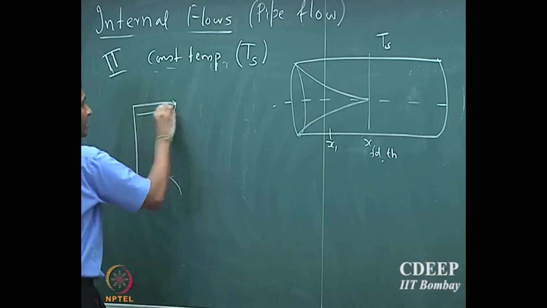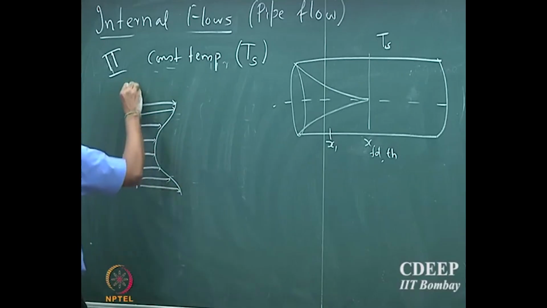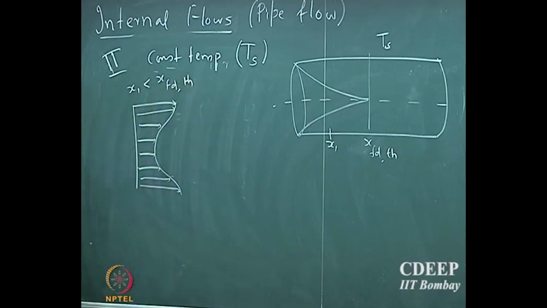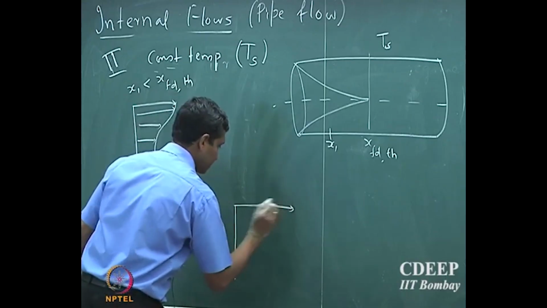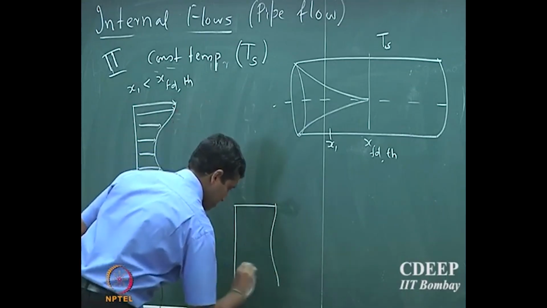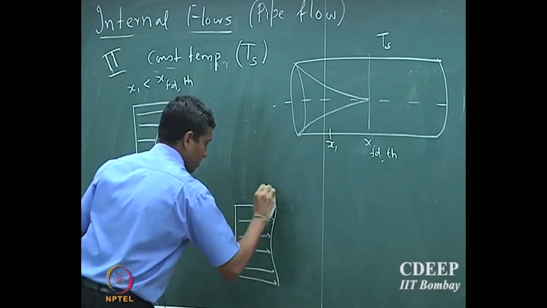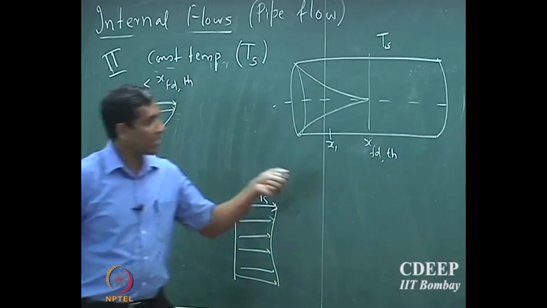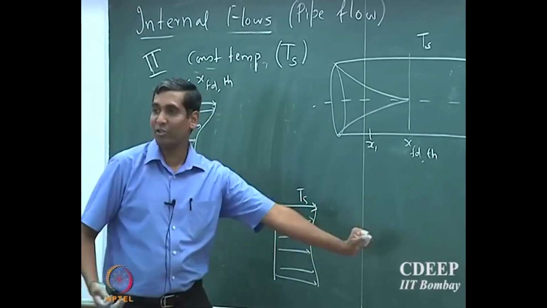So that is a constant temperature. This is at position x1, which is less than the fully developed regime, and if I look at the profile at the fully developed regime, once again that is the temperature of the surface, and as you go past into the pipe, there will be continuous transport of heat from the wall to the fluid, and so there will be a change in the temperature profile.